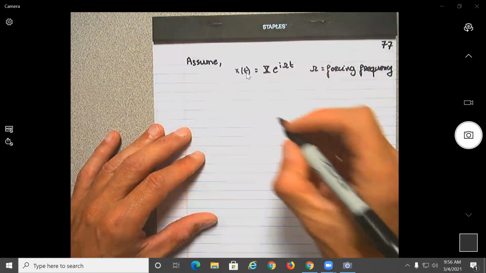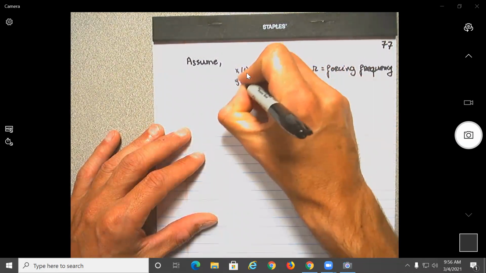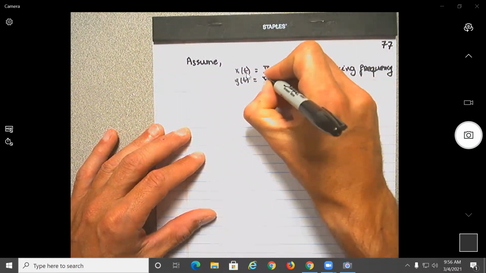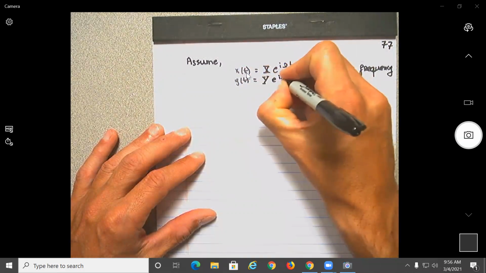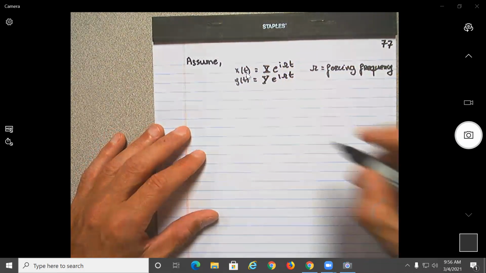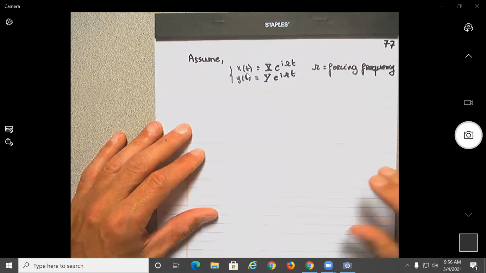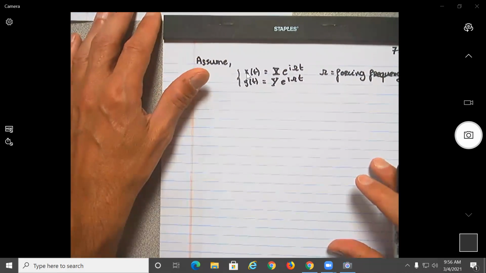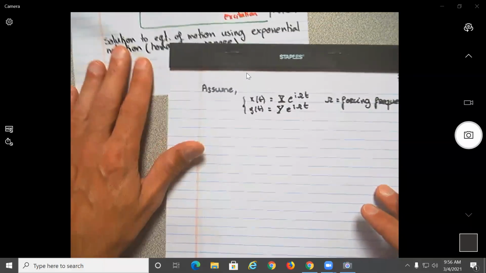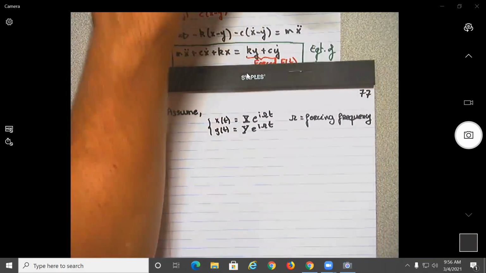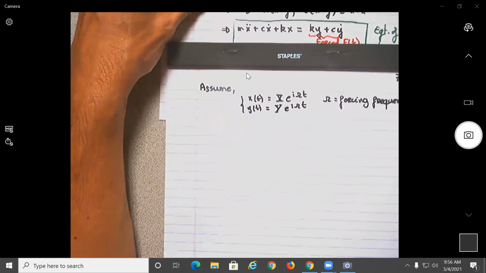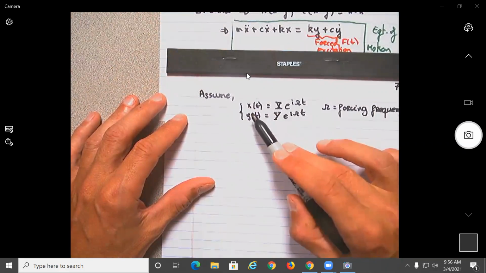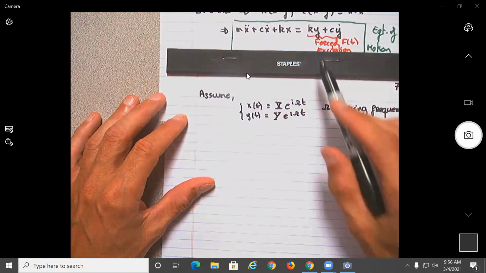And y of t will be capital Y e^(i omega t). All right, so I want to start not giving that many details anymore. So what is the next thing? We take the second derivative of this one, and the first derivative, no, and we substitute into this equation. We do the same thing with the y.